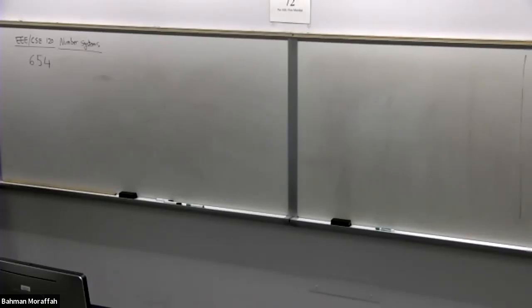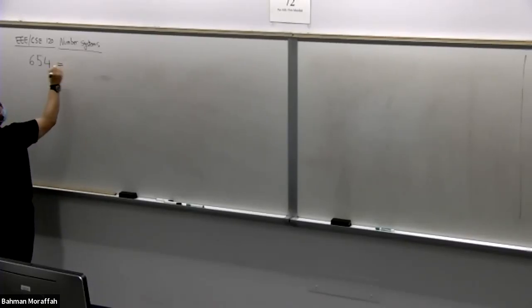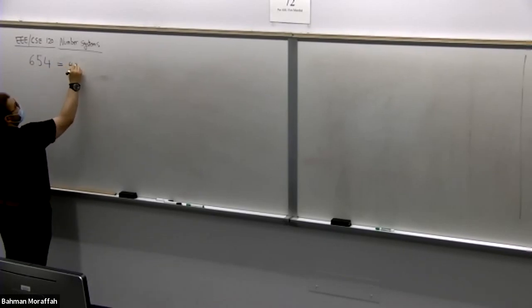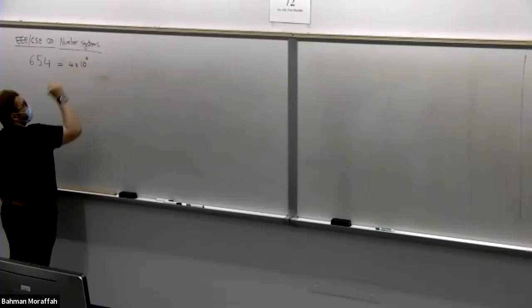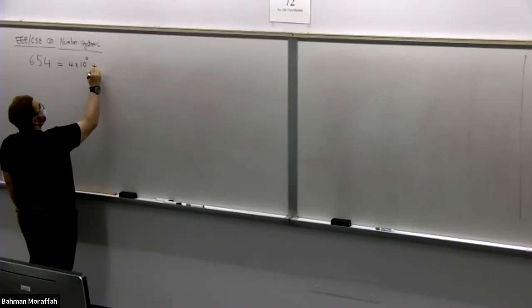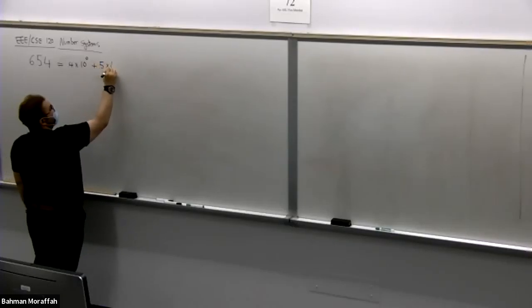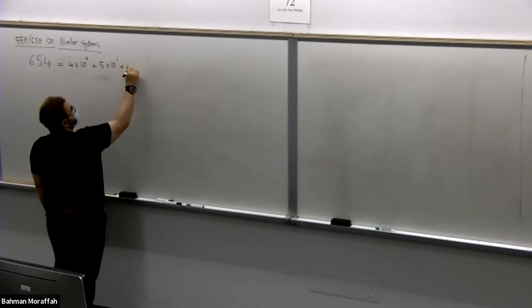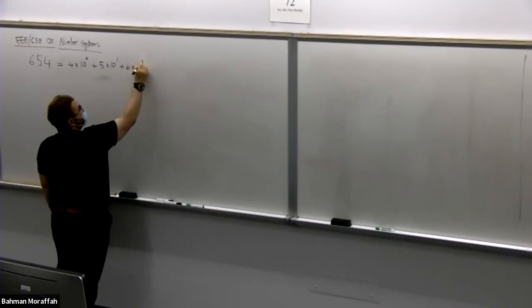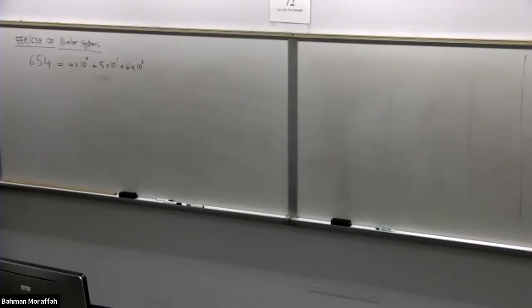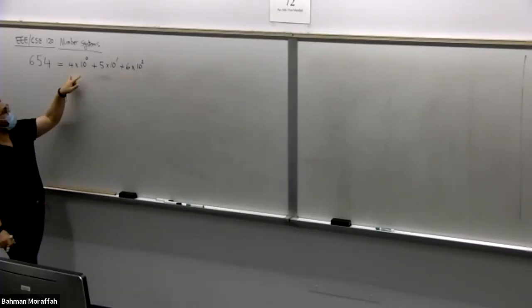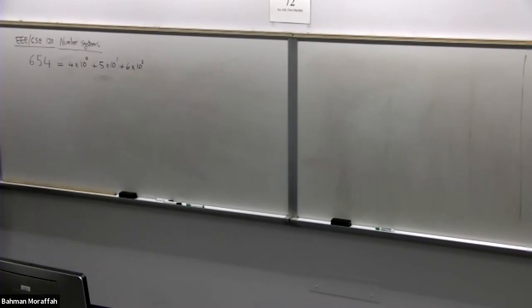What it actually means is I can decompose this into 4 times 10 to the power 0, plus 5 times 10 to the power 1, plus 6 times 10 to the power 2. I can write it that way because this is 600, this is 50, and this is 4. That's exactly 654.